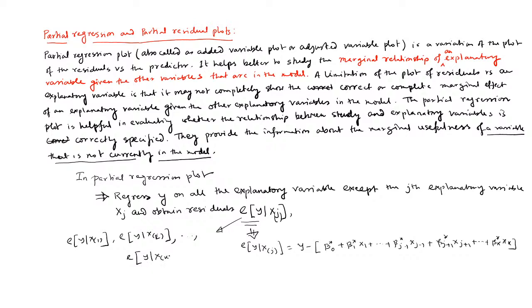Okay, so the first step is to regress y on all explanatory variables except the jth explanatory variable xj and obtain residuals ey given x(j), say. So in that way you get k partial regression plots.